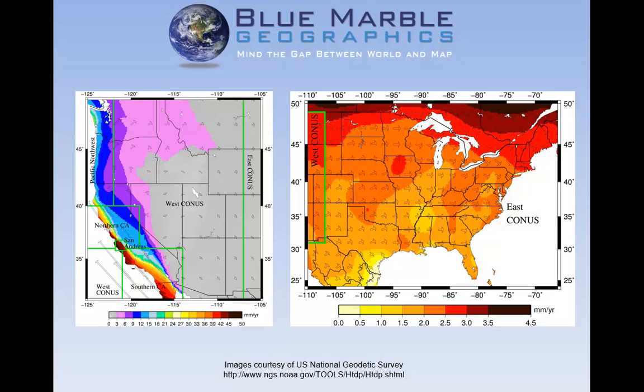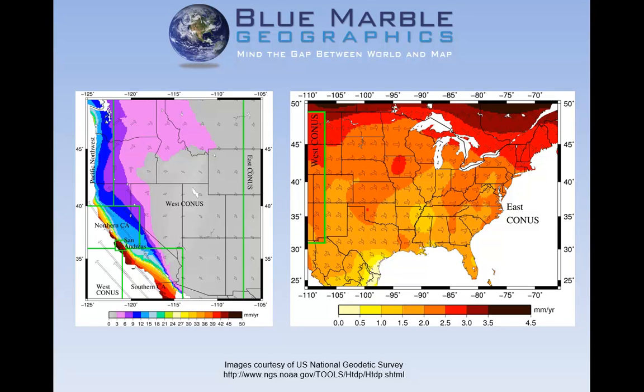I have a couple of images up on screen, and you'll see there are different representations of velocities of tectonic motion. These are specifically within the continental US, but these models extend up through Canada and down into Mexico as well. You'll see that the western half of the US and the eastern half of the US are broken into two different models for showing the velocities, because they have drastically different magnitudes.